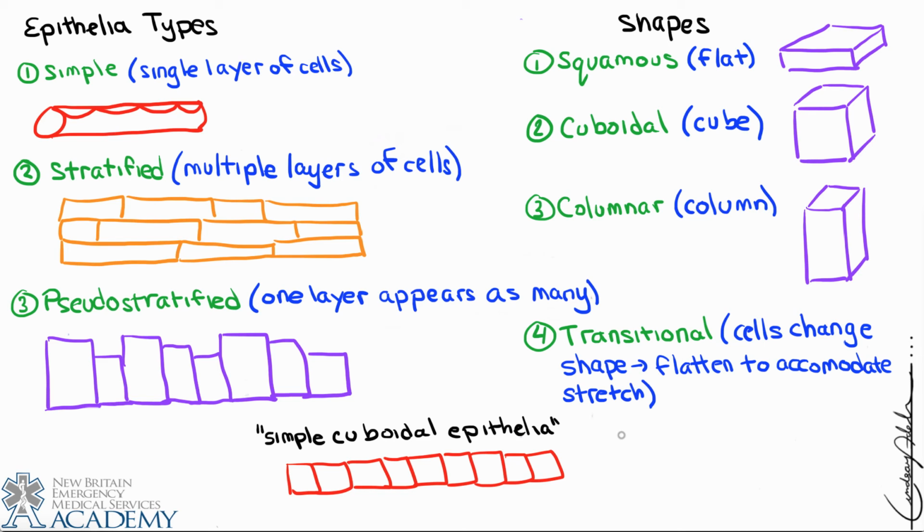Just because it's stratified doesn't mean it has to have all the same type of cell. We could have some cuboidal cells towards the bottom and then squamous cells towards the top. So whichever layer is the very top layer is how we would describe it. So if we said stratified squamous epithelium, for example, we could actually have some cuboidal cells in the deeper layers. All right, that concludes our overview of epithelial tissue.